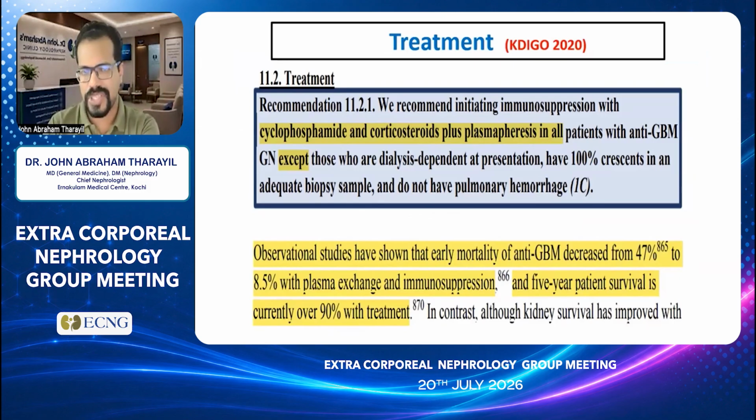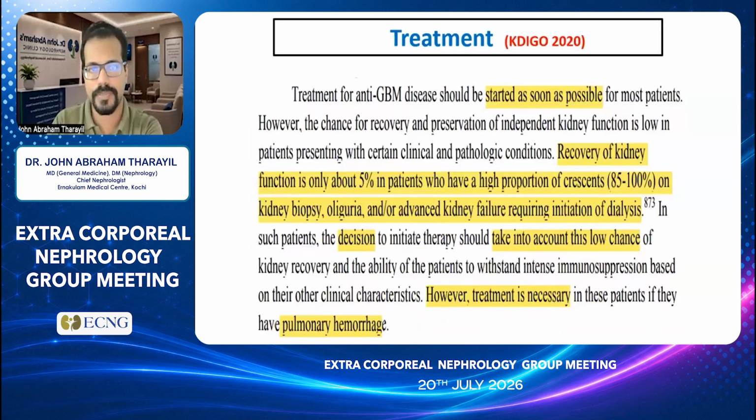KDIGO recommends initiating immunosuppression with cyclophosphamide and corticosteroid, along with plasmapheresis in all patients with anti-GBM glomerulonephritis, except those who are dialysis dependent at presentation, who have 100% crescents in an adequate biopsy sample and do not have pulmonary hemorrhage. Observational studies have shown that early mortality of anti-GBM has decreased from 47% to 8.5% with plasma exchange and immunosuppression. And 5-year patient survival is currently over 90% with treatment.